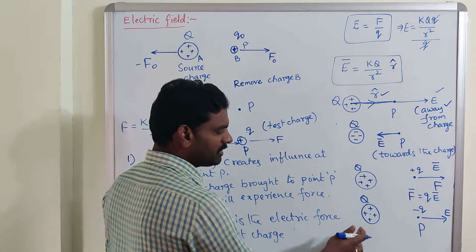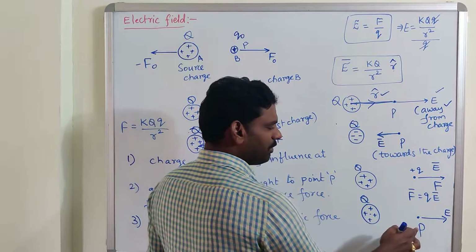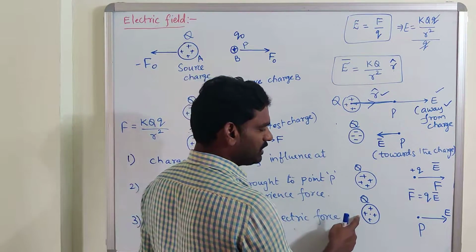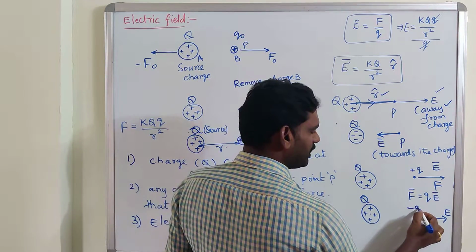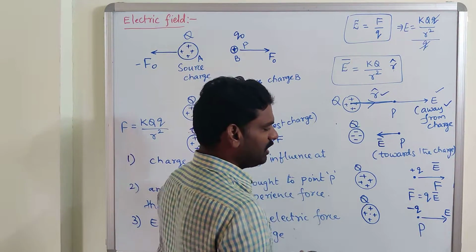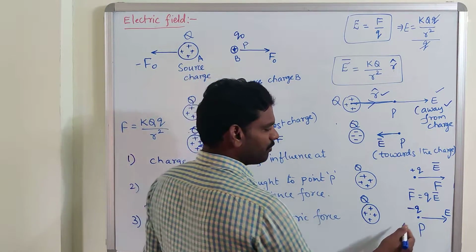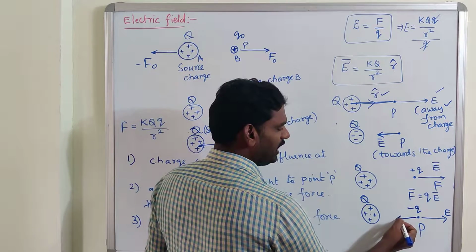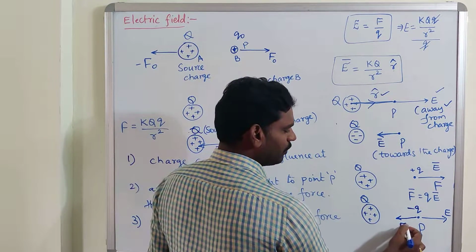And how will the force be? This is a positive charge and this is nothing but a negative charge. First, at point P, due to the positive charge, the electric field direction is away from the charge. Now I am keeping a negative charge here. If I keep a negative charge here, this negative charge will experience attractive force. Why attractive force? Because this is positive, this is negative.